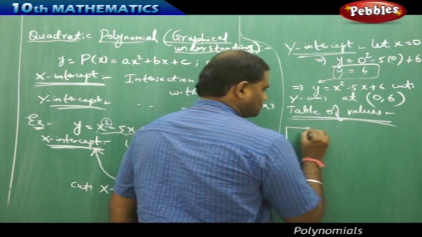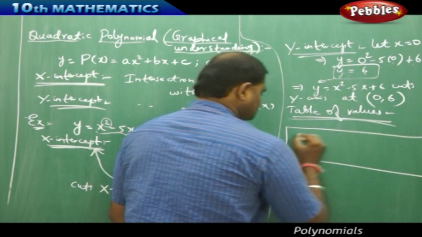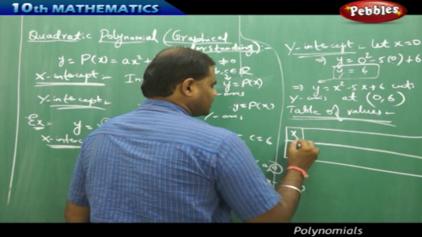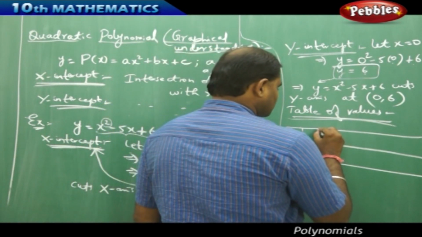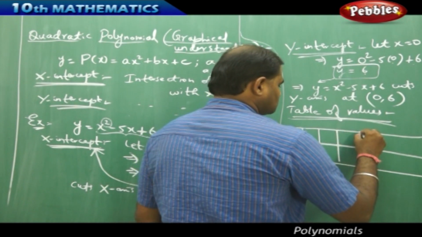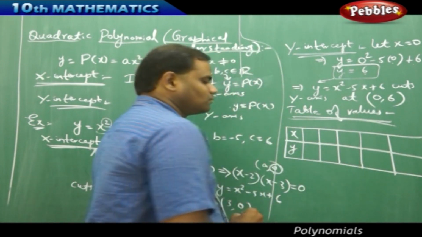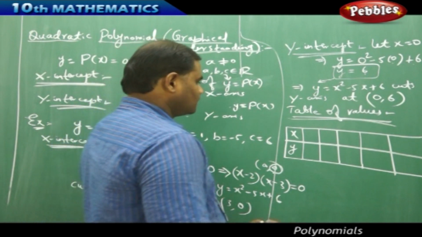I pick up a table consisting of x and y, which is p of x. I randomly take some values ranging from negative to positive.